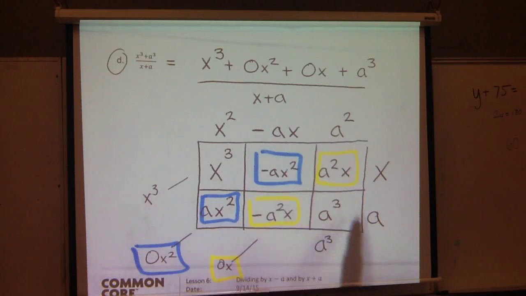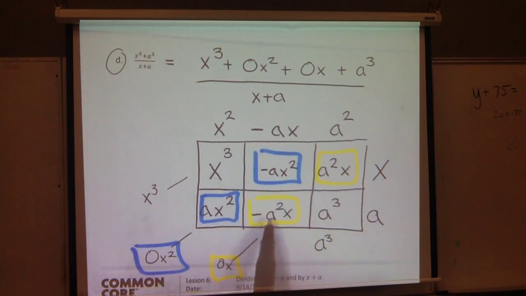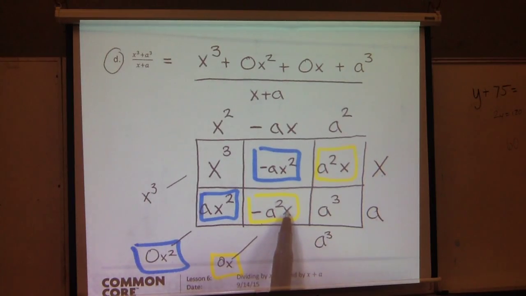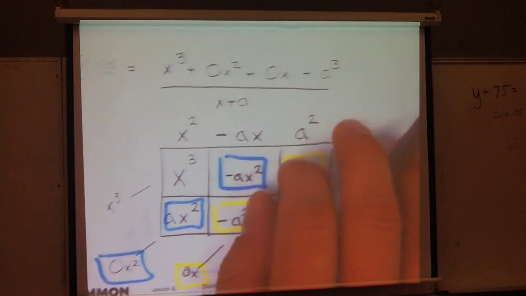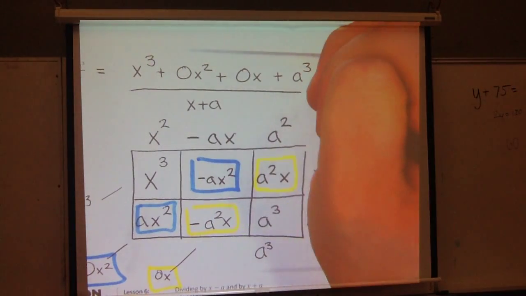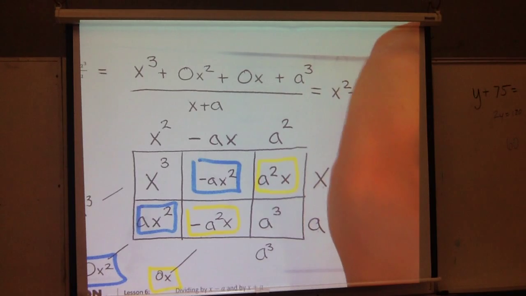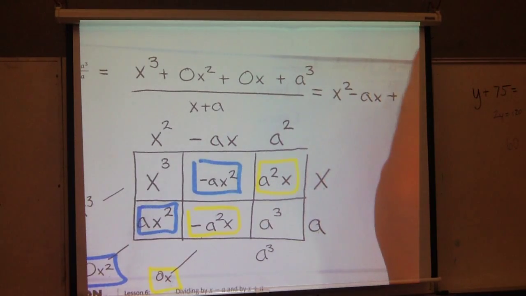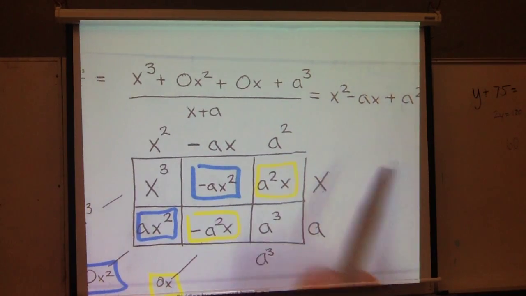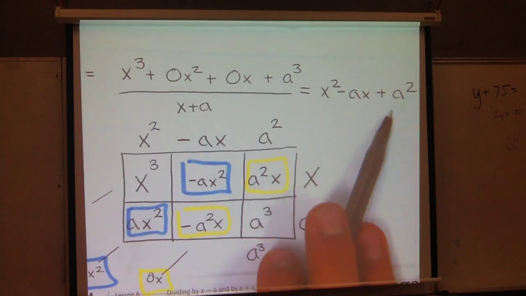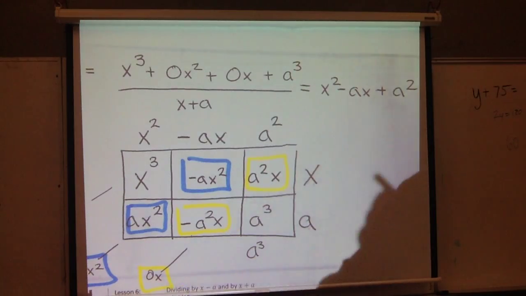Negative ax times a is negative a squared x. And so when we do our division problem, our answer is equal to x squared minus ax plus a squared. And this is an identity that we just proved.